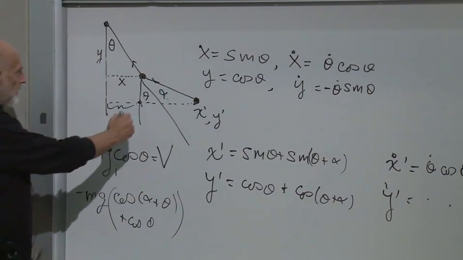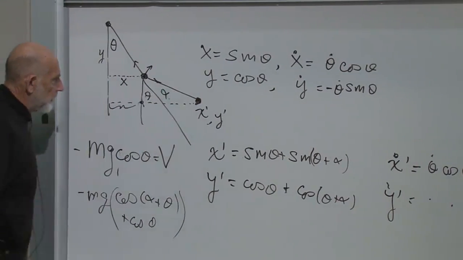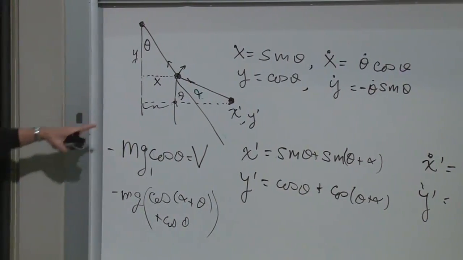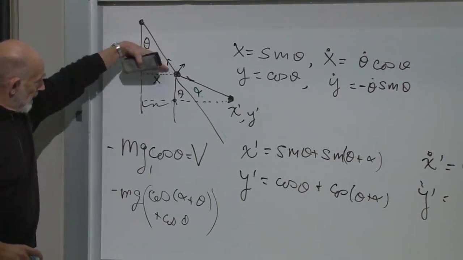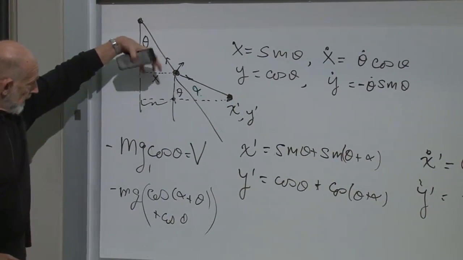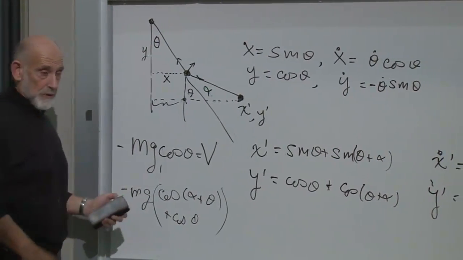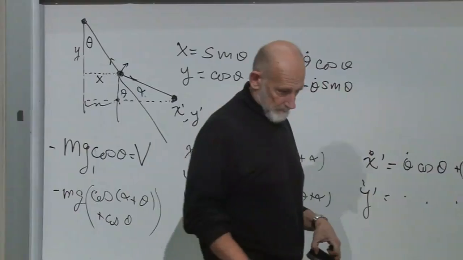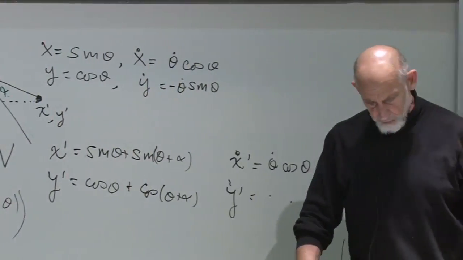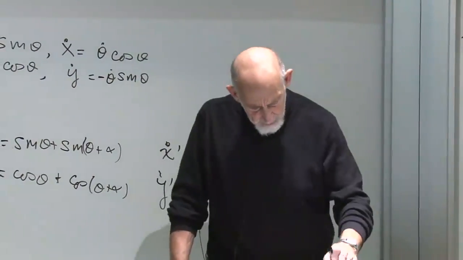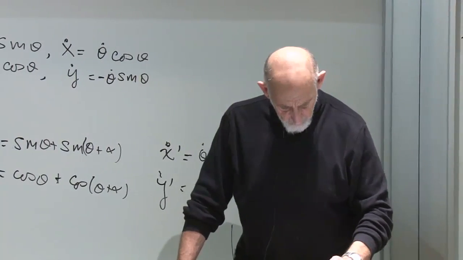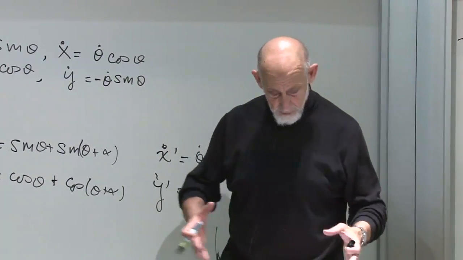So that means there would be a net force in this direction over here. And that force is a torque on this angular direction here, and it causes an acceleration of theta. If you don't know what a torque is, it doesn't matter. It's just a force which tends to rotate things.